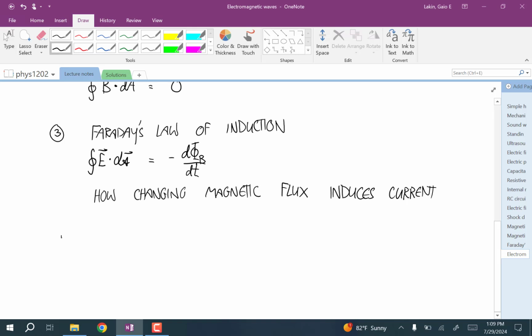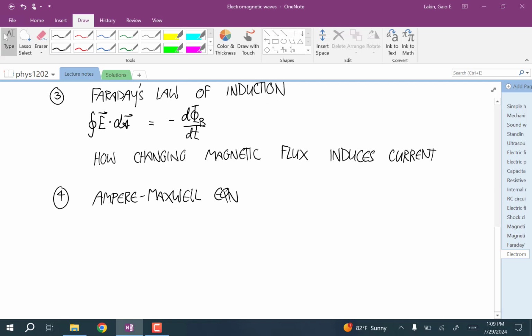And then the last one is the equation that Maxwell modified. This is the Ampere-Maxwell equation. This says that the integral over a closed path of B dot ds is equal to the constant mu sub 0 times the current.